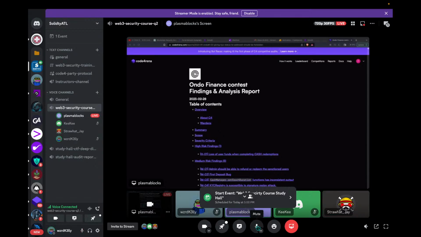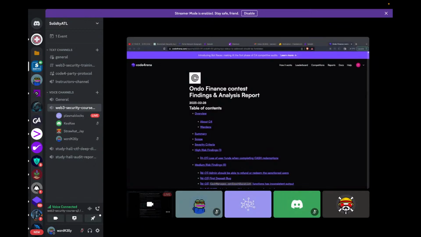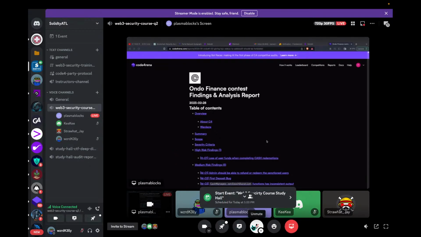So those are the two ways I really try and read audit reports: if I'm researching, or if I'm trying to find an attack vector for a specific thing I'm looking at in that moment.